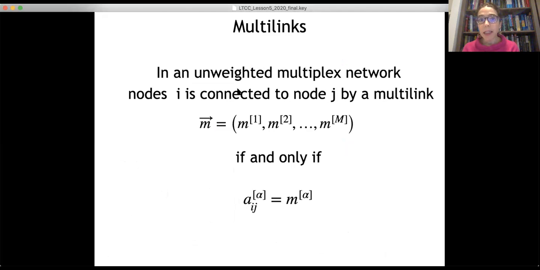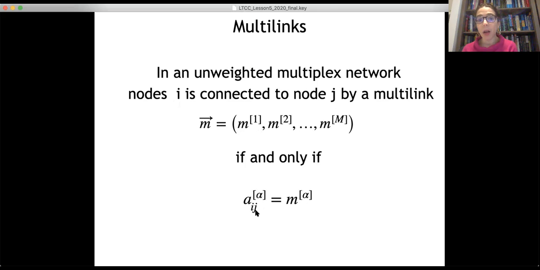So practically, in an unweighted multiplex network, node i is connected to node j by multilink vector m, and this vector is a vector of capital M components, 1 for each layer, and m_alpha is equal to the element ij of the adjacency matrix alpha.